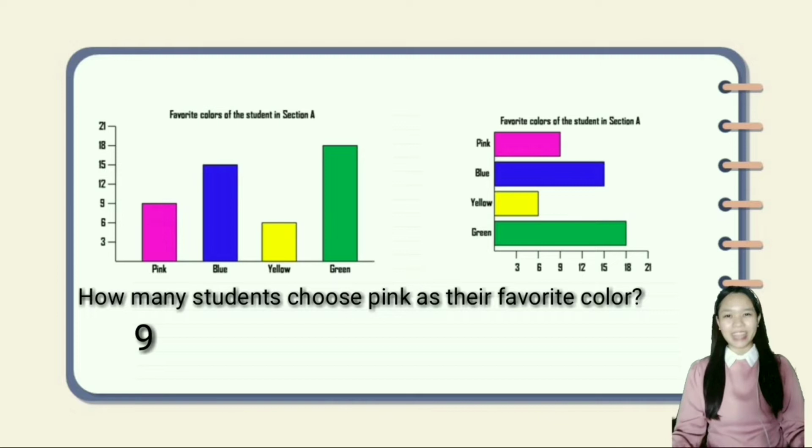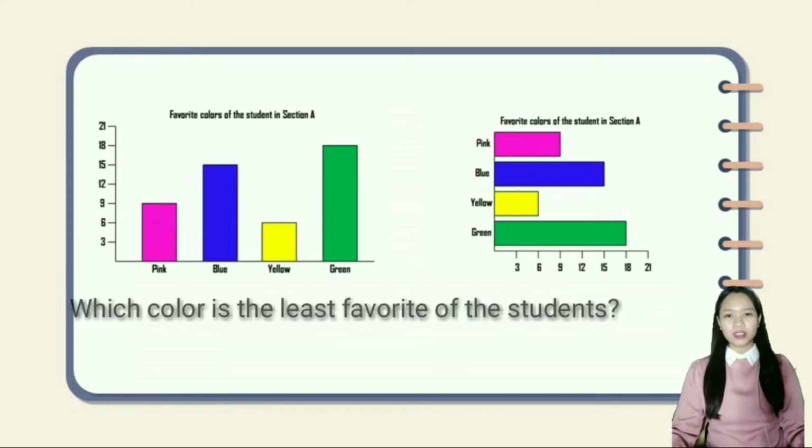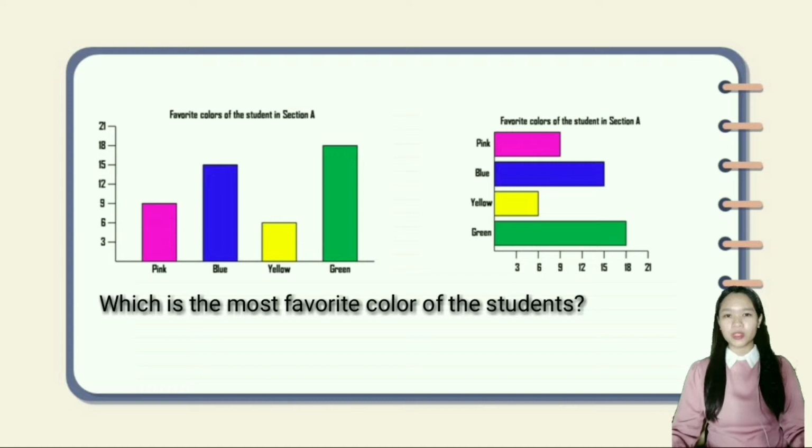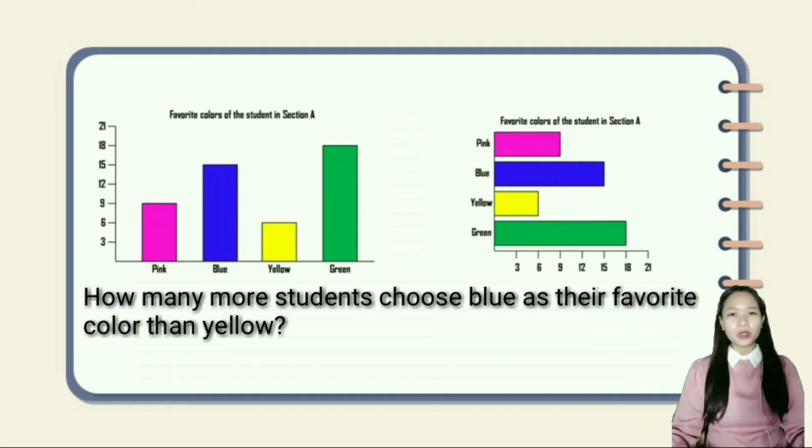Correct, 9. Which color is the least favorite of the students in Section A? Correct, yellow. Which is the most favorite color of the students in Section A? Correct, blue.